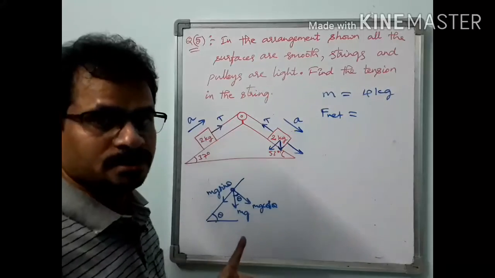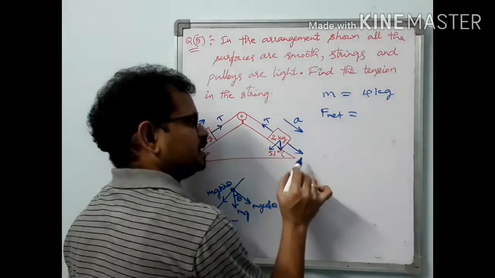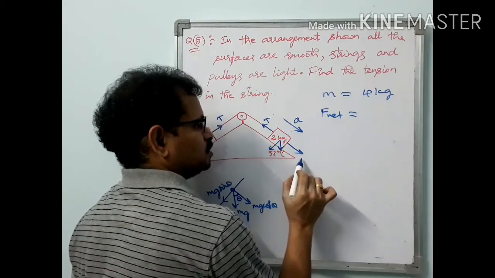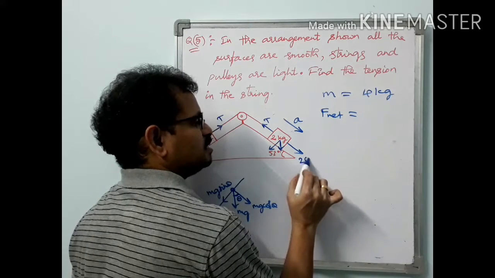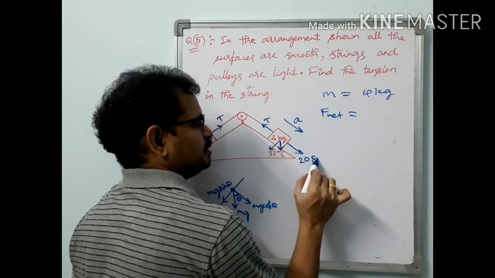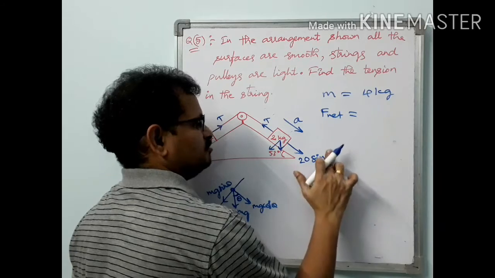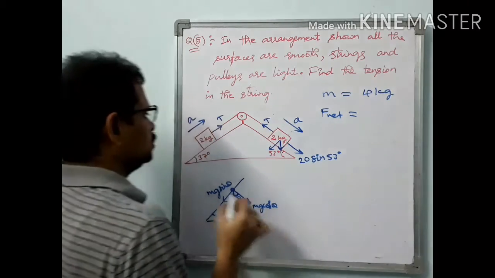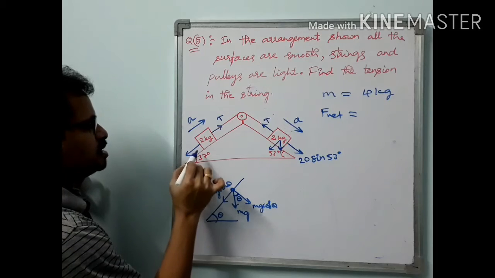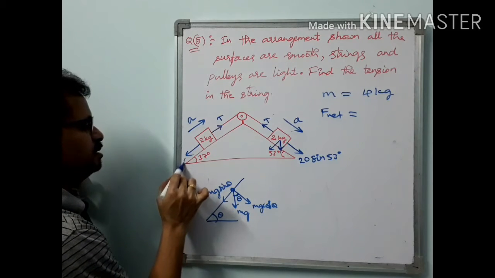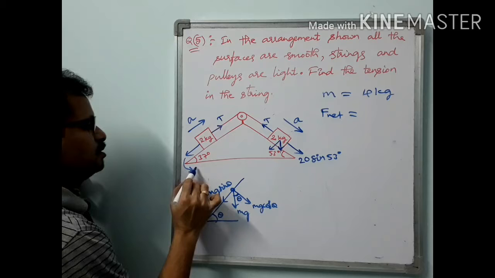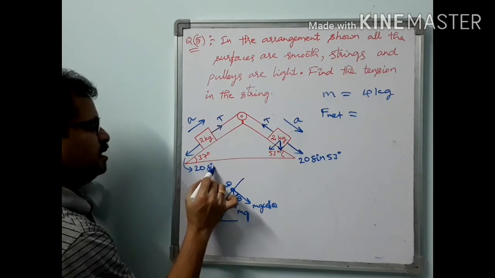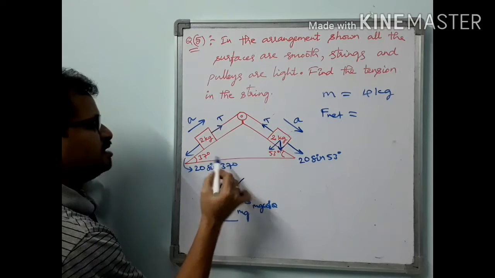Keep this point in mind. So here what is the component? mg sin theta. So what is mg here? 20 sin 53 degrees. And on this one here, it is 20 sin 37 degrees. Got it?